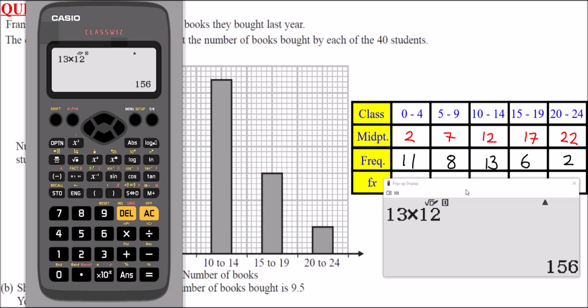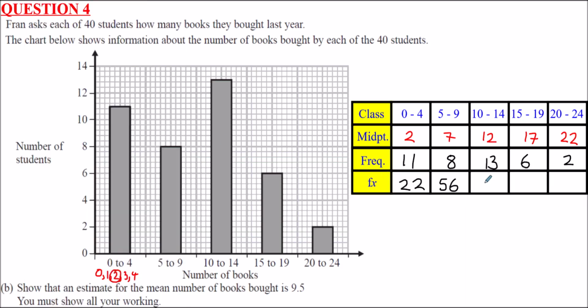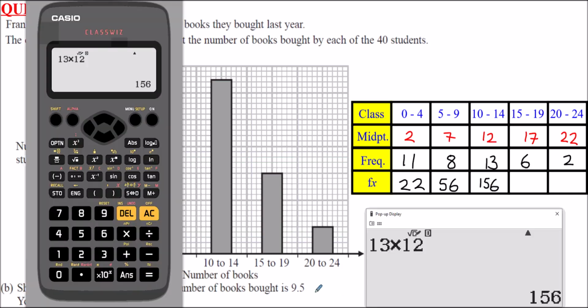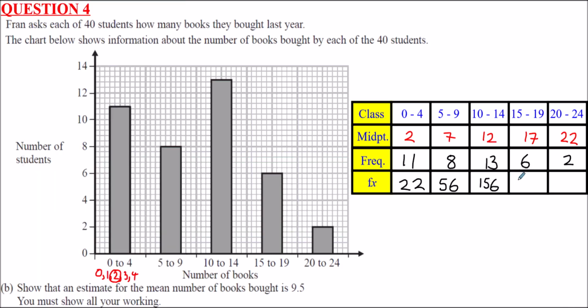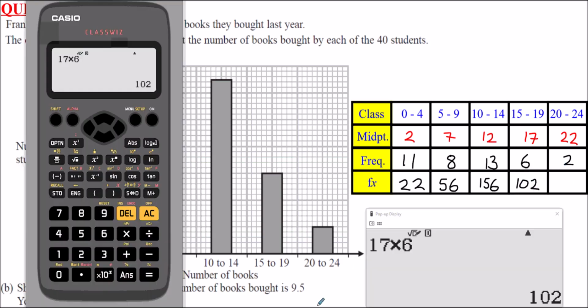Yep, but use a calculator all the same. What's 17 times 6? Just check with your calculator, of course. Gives us 102. And finally, 22 times 2. Again, why not? That's going to give us 44.